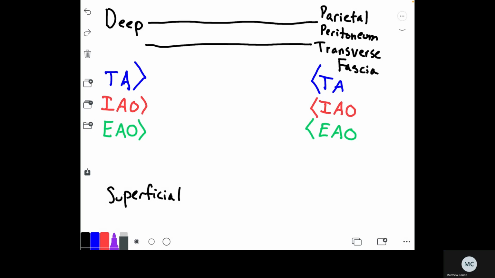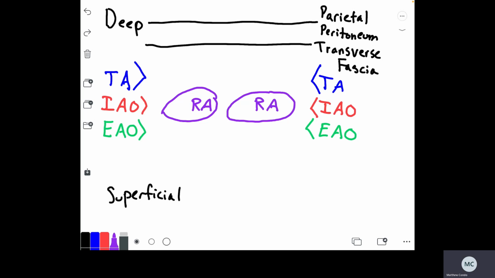Now, remember, what we're looking at here is a cross section. If I took a scalpel and cut right into the abdomen, we'd be looking at a cross section. So we're going to draw in two RA muscles, and that's going to stand for rectus abdominis.